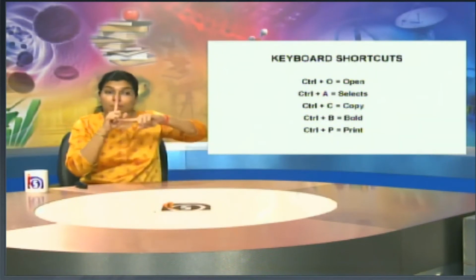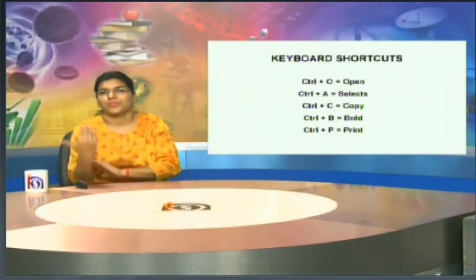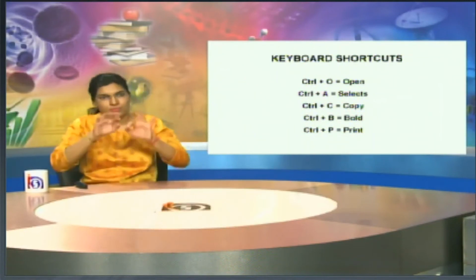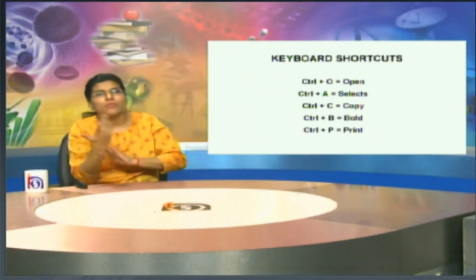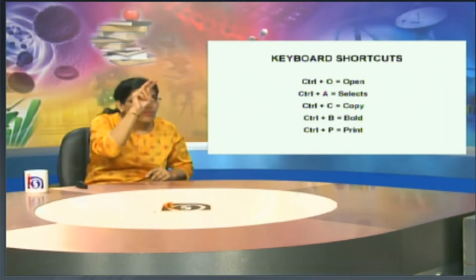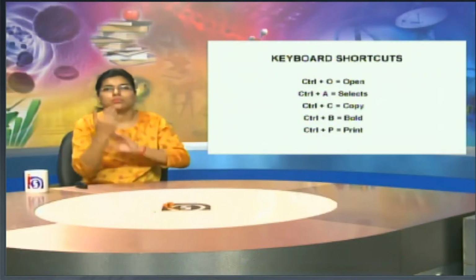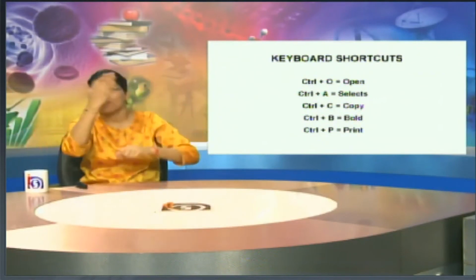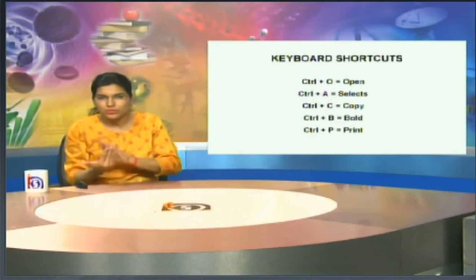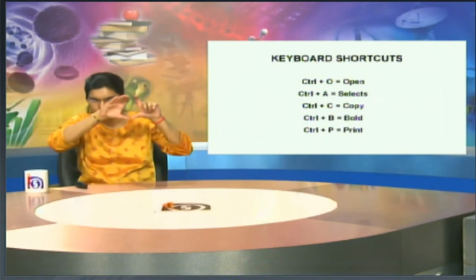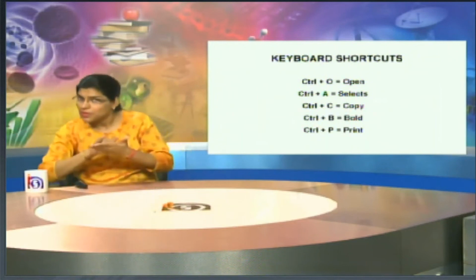Then last is Ctrl plus P, that is for taking a printout. When you have typed some of your work and you want to take a printout, going to file and then the print option takes a long time. But by pressing Ctrl plus P together, you can directly go to the print option and it can save your time.